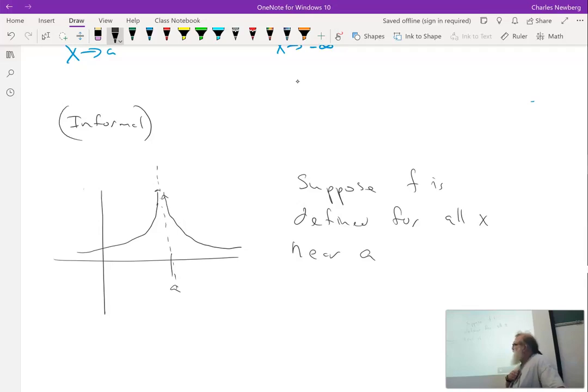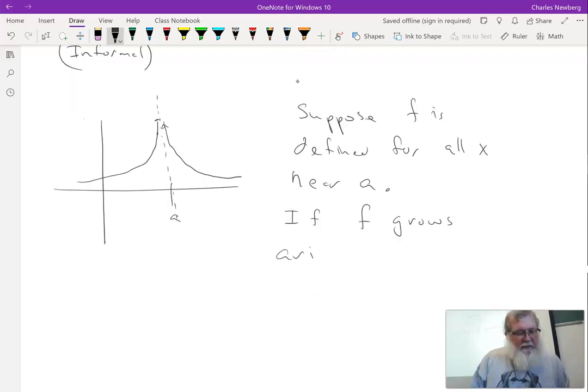So near a, if f grows arbitrarily large. Arbitrary is kind of an ambiguous term too.